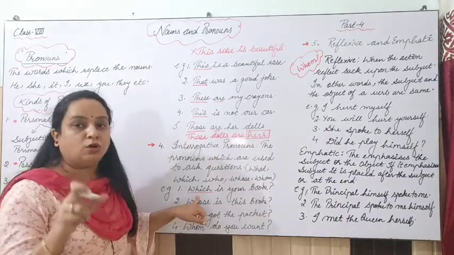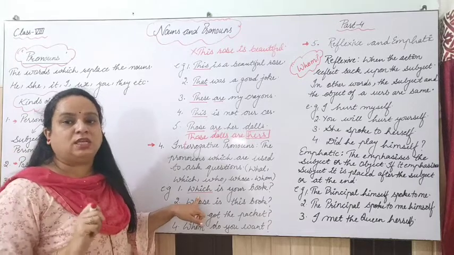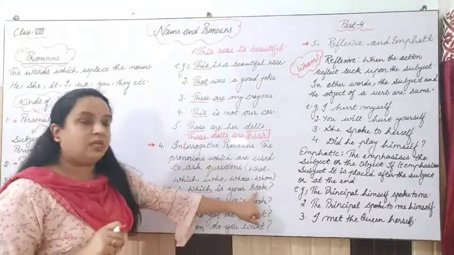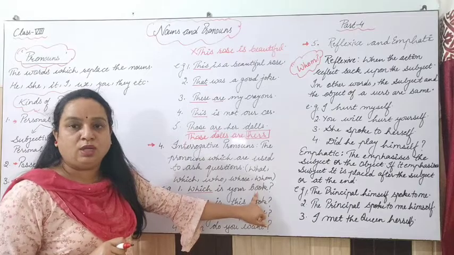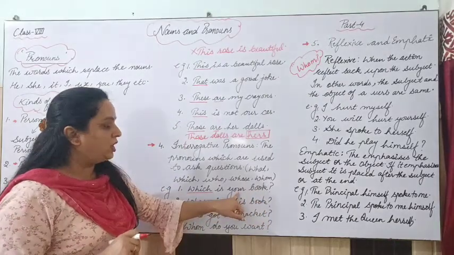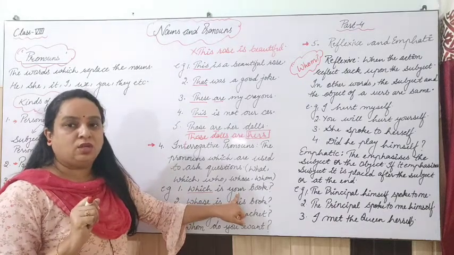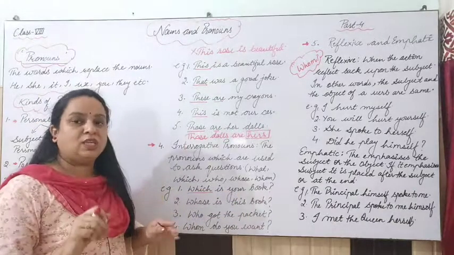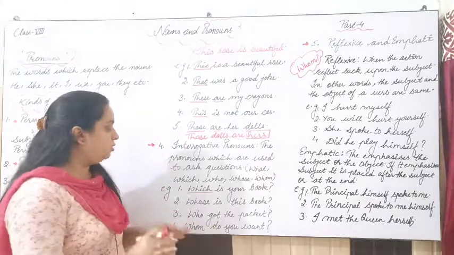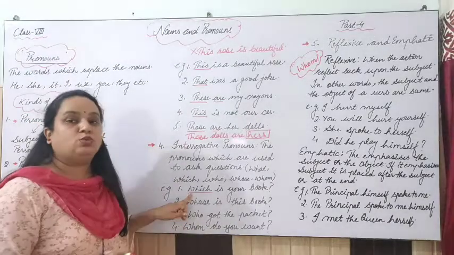What is that? Yours, Y-O-U-R-S, is a pronoun. So here book is there. This is what? A noun here. So there is a noun, and before that your. So this your is working as an adjective.